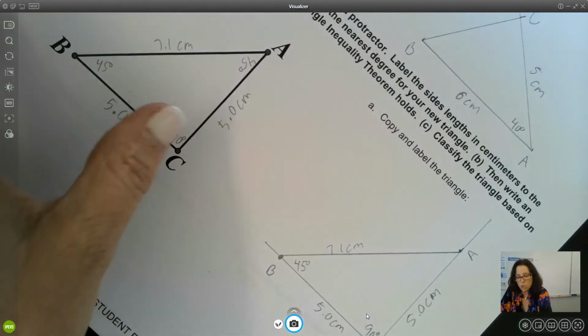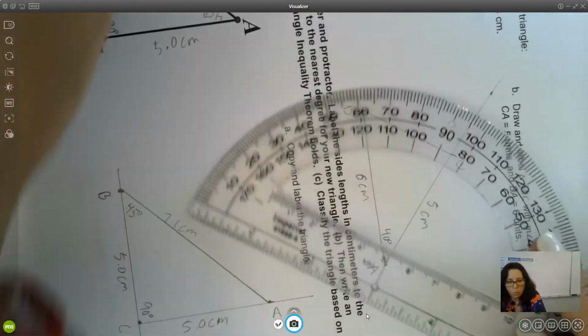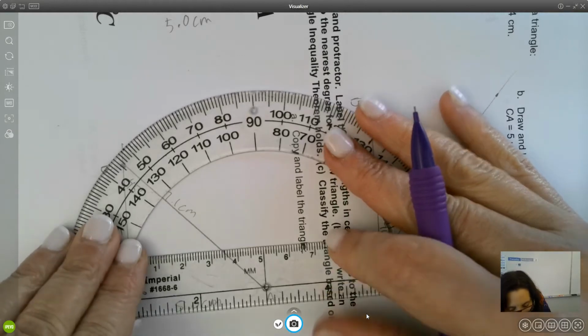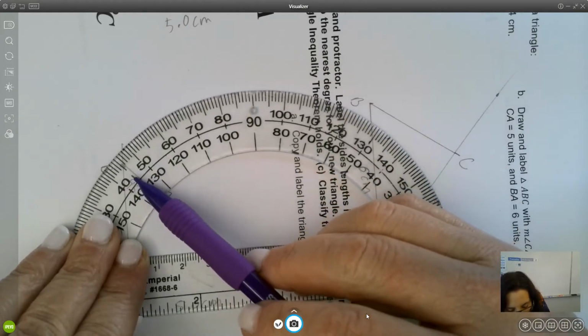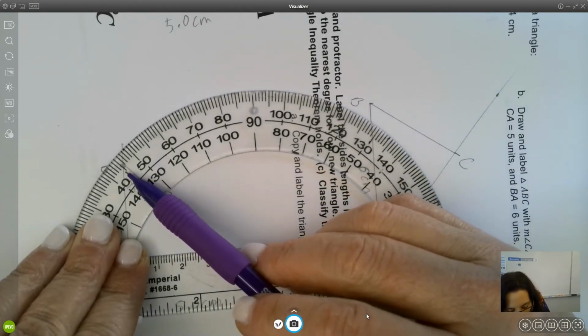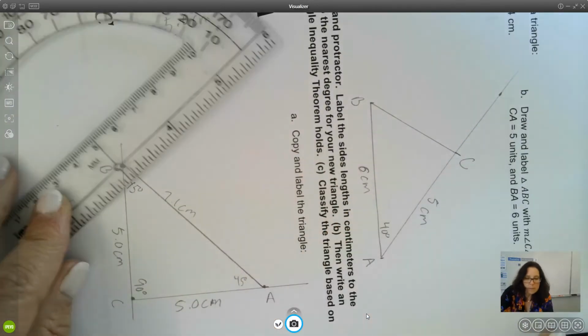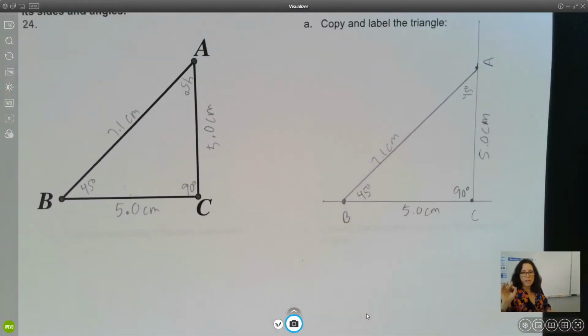It said round to the nearest degree. Then I've got one more to measure here. Yep, 45. It's right between 45 and 46, so I'm rounding to the nearest. Take a look at those two triangles. They are as exactly duplicated as a human can do.